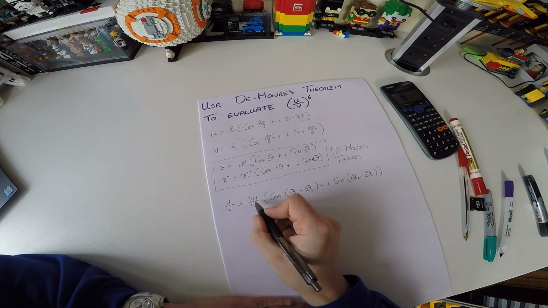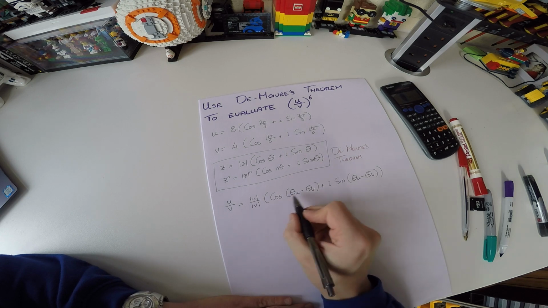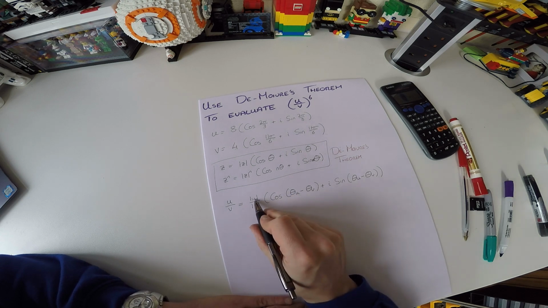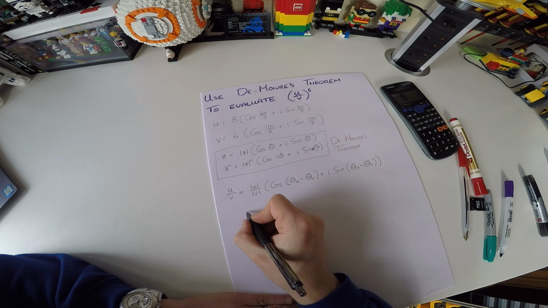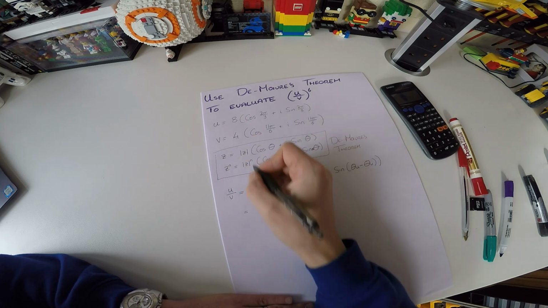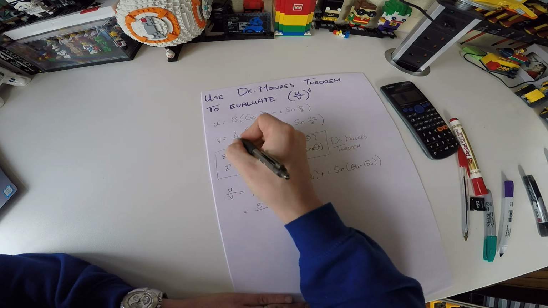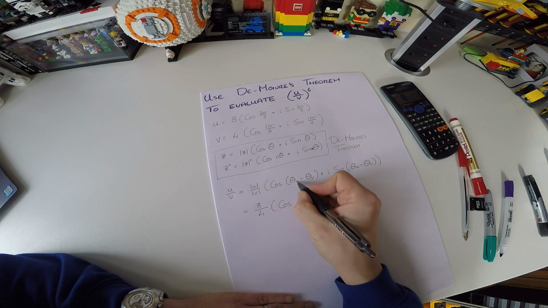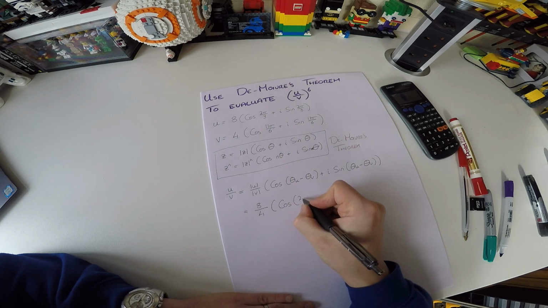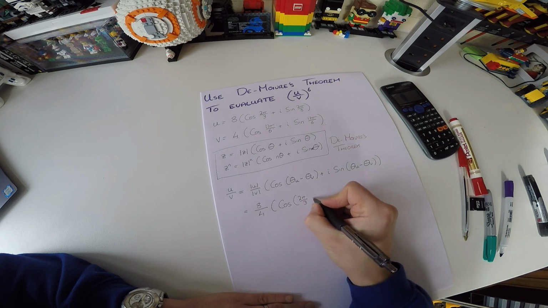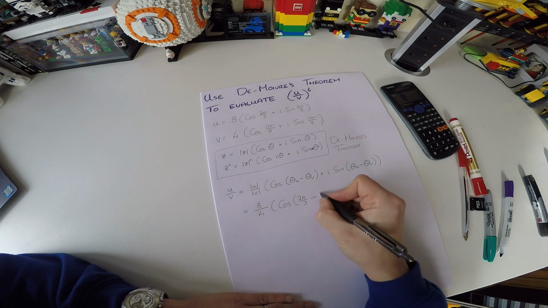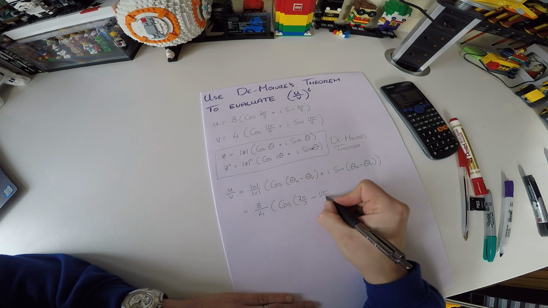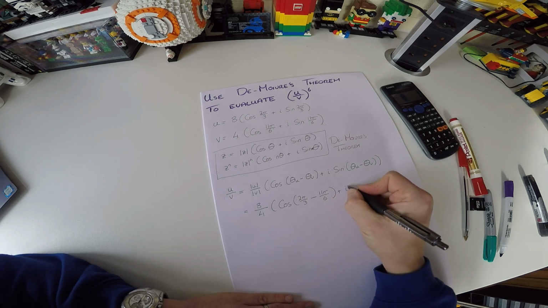So we literally divide the two moduli and we subtract the angles in this particular order, being the top angle subtracting the bottom angle. So for us that looks like this. What's the modulus of u? 8. The modulus of v? 4. The angles. Cos of the angle of u is 2 pi over 3 minus the angle of v, which is 11 pi over 6. And it's the same for the other side.